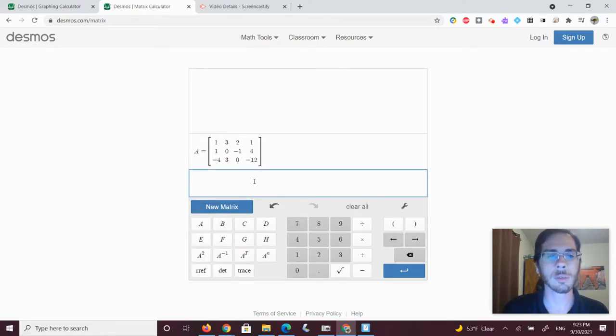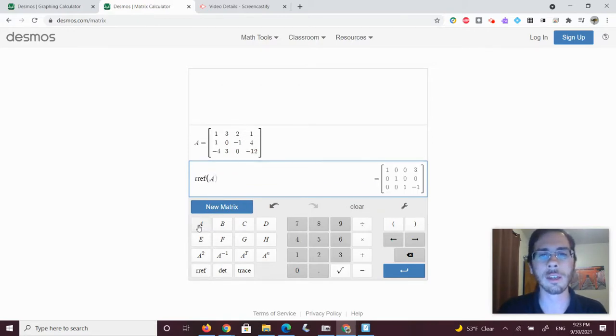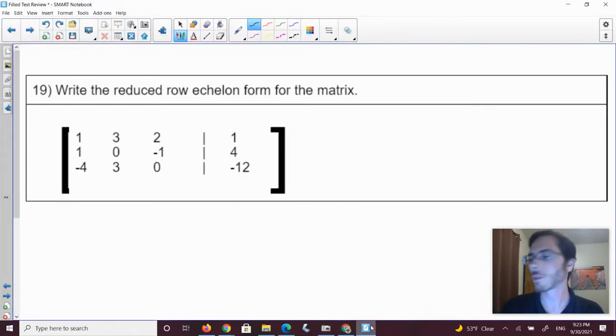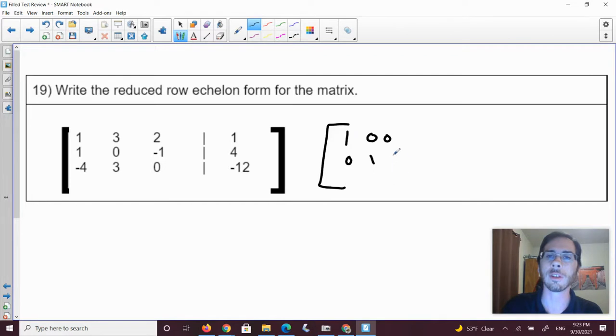Clear that matrix. Perfect. So what I want to do is I want to RREF that one. So I'm going to do RREF of A, and it's going to give me my solution in RREF form, row reduced echelon form. Cool. So my numbers are 3, 0, and negative 1. RREF is nice because it's always going to be 1, 0, 0, 0, 1, 0, 0, 0, 1 for 1x, 1y, and 1z.